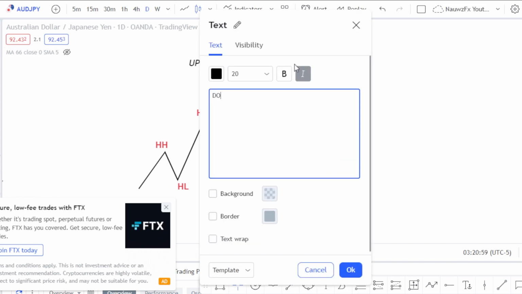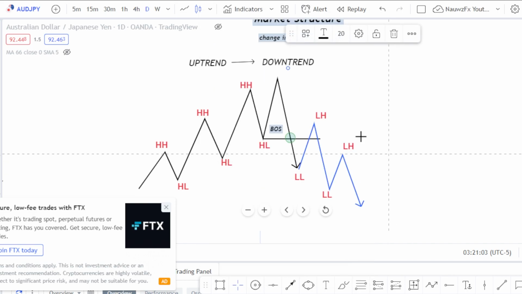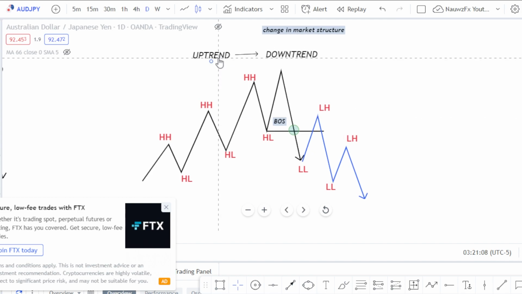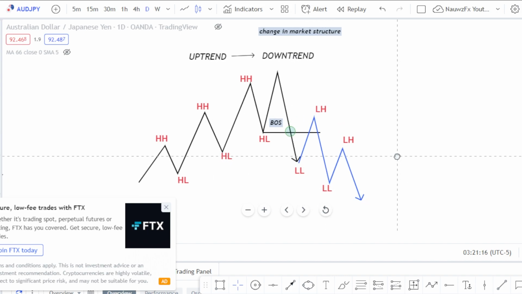Quite simple, nothing too complicated. I'm going to ensure that you guys get this so you all can dominate on the charts, man. Once we have the break of structure, the market has created a lower low, and now we have the lower high, and the market is continuing to the downside.